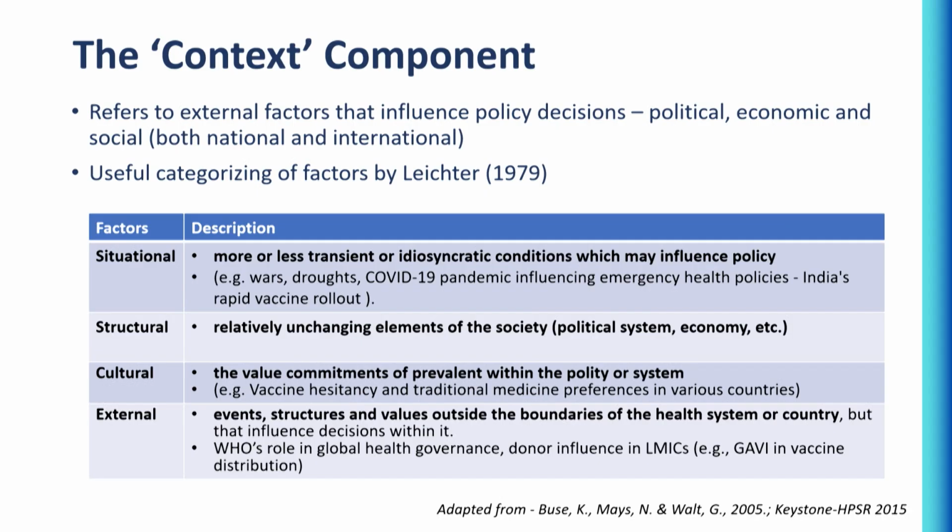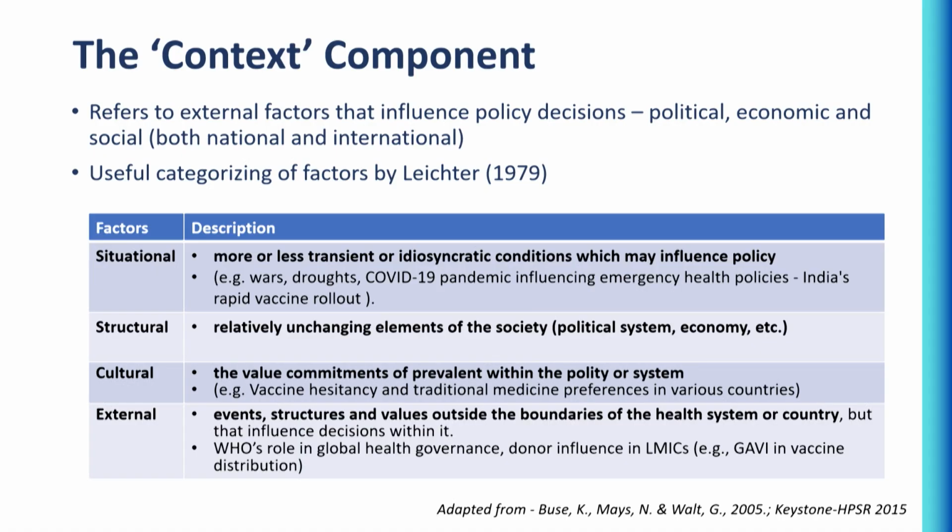Let's look into the context component. There is a useful categorization of factors by Leichter. He talks about factors that could be situational. So within the context, there are different factors he's talking about. There could be situational factors, structural factors, cultural factors, or external factors as well.